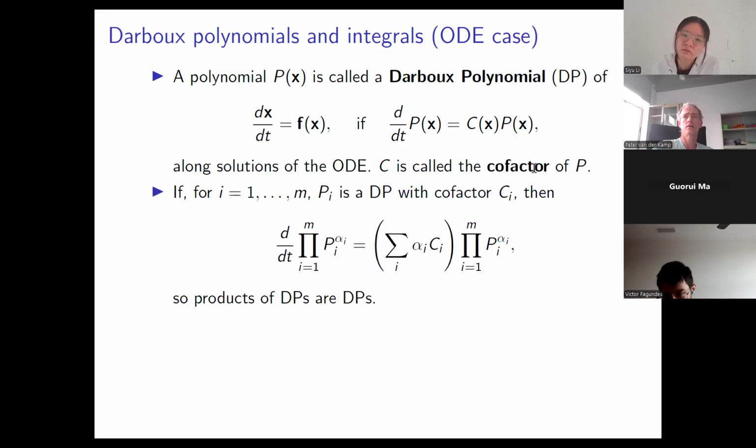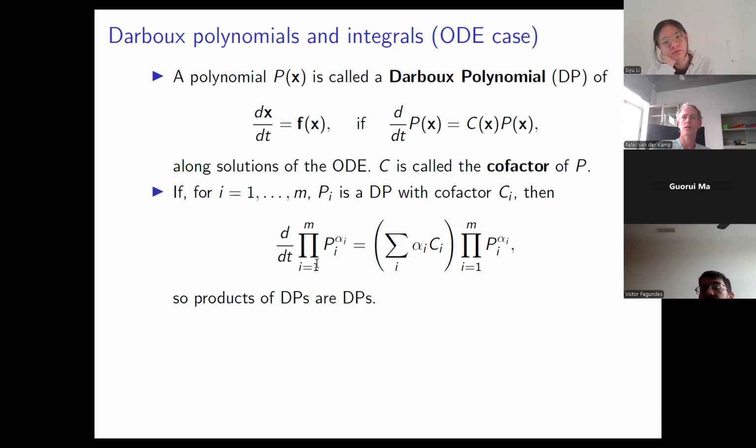And then you have the following result. Why is this a nice thing? Well, if you take a product of Darboux polynomials, or even a product of Darboux polynomials with powers, then you will get another Darboux polynomial. So this whole product is itself a Darboux polynomial.